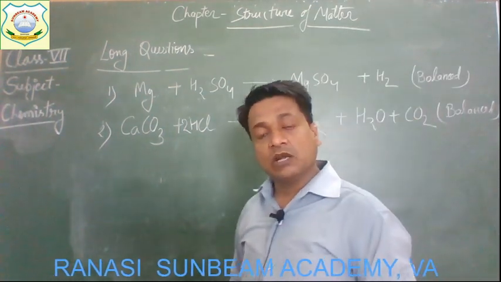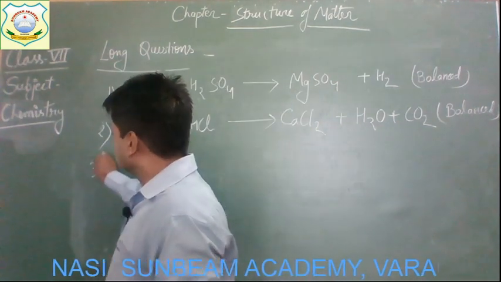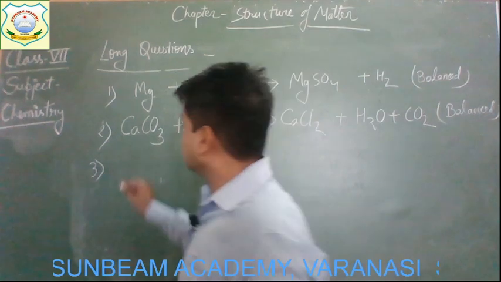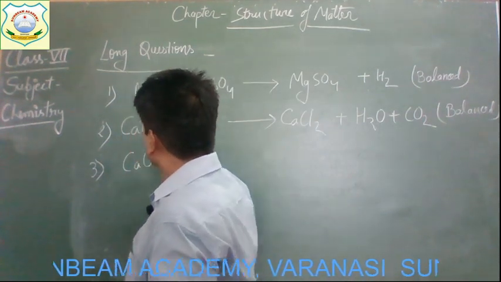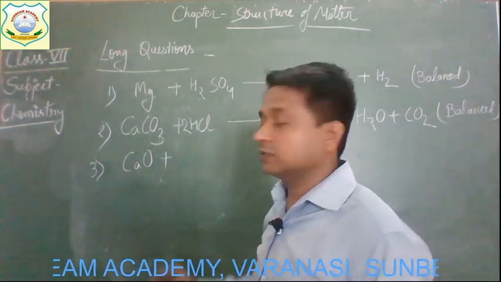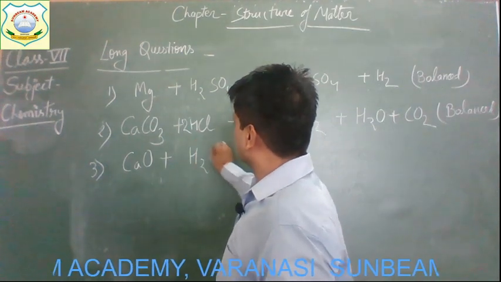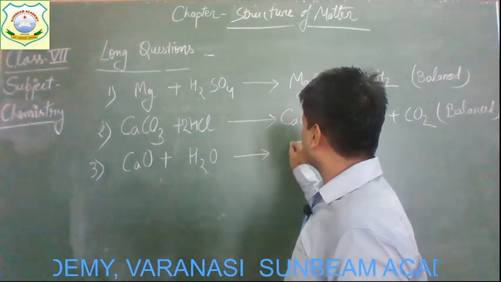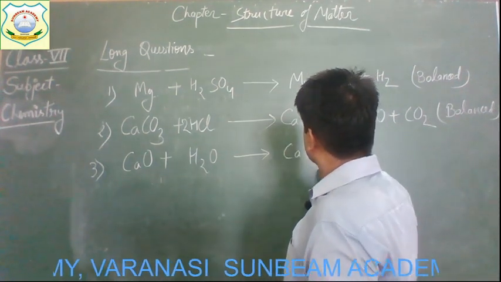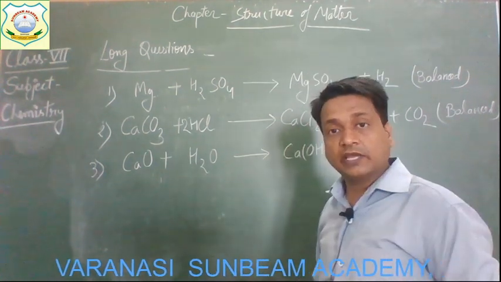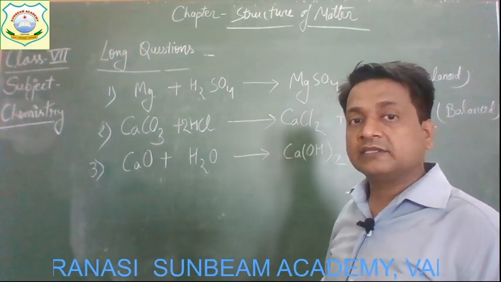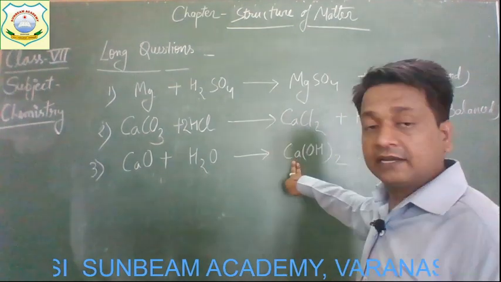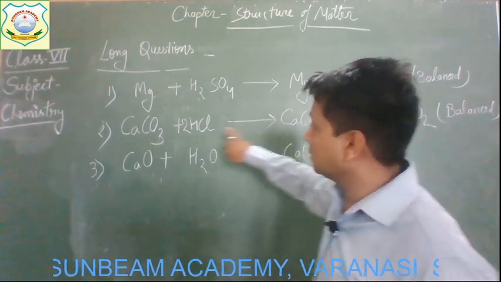Okay, children. Now come to the next. Third, when calcium oxide reacts with water, it forms calcium hydroxide. Okay, now just check whether it's balanced or not. So calcium on the left side 1, on the right side it's also 1 atom.